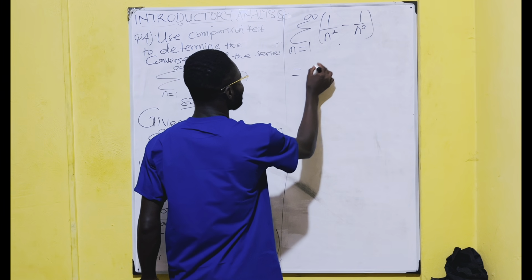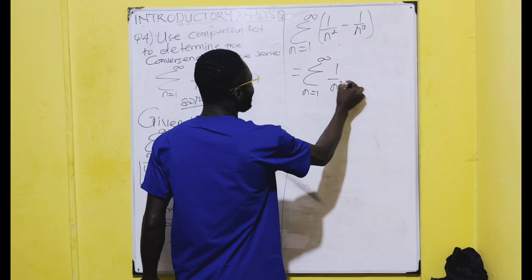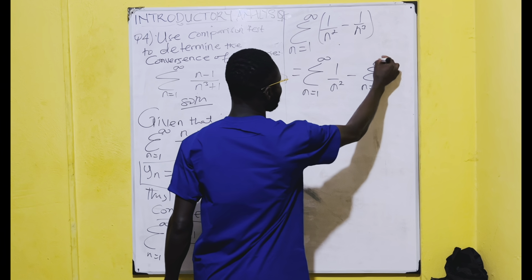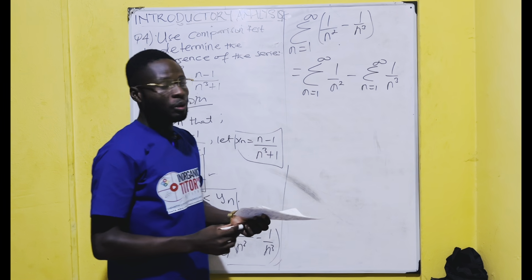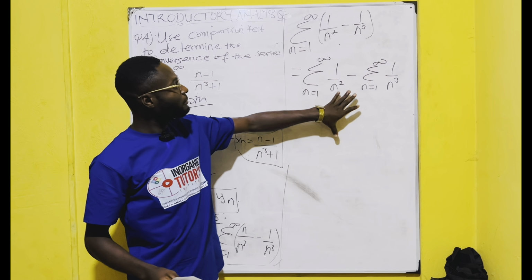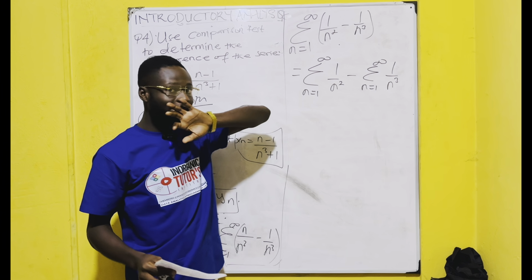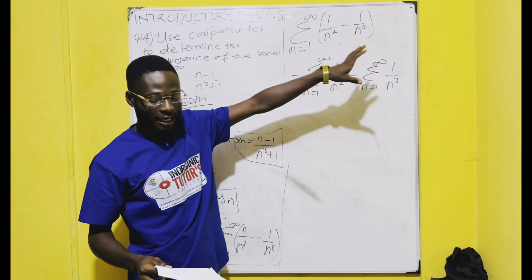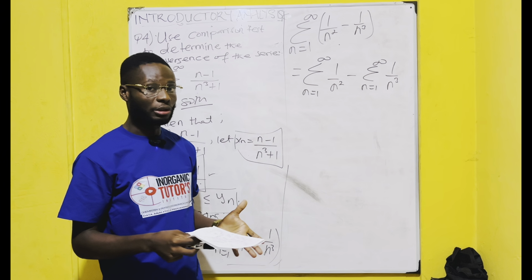So this is the same as summation from n equals 1 to infinity 1 over n squared minus summation from n equals 1 to infinity 1 over n cubed. So we have been able to split this into this, right? So the next step we are going to do is to consider them one after the other. Then we handle it and then we know what we are going to have.